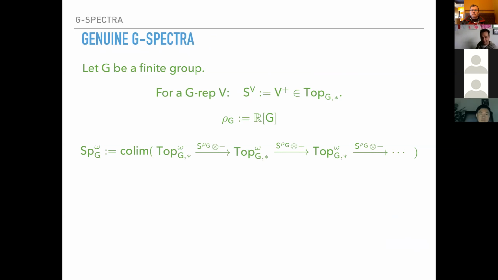If you work with that definition to see what maps are in this category, you can see that you get the equivariant Spanier-Whitehead category. So it's a useful description. Effectively what we're trying to do is make smashing with S^rho_G an invertible functor. So the whole category of genuine G-spectra is just the Ind-completion of this category. Everything else can be constructed as filtered colimits of these finite, or compact, objects.